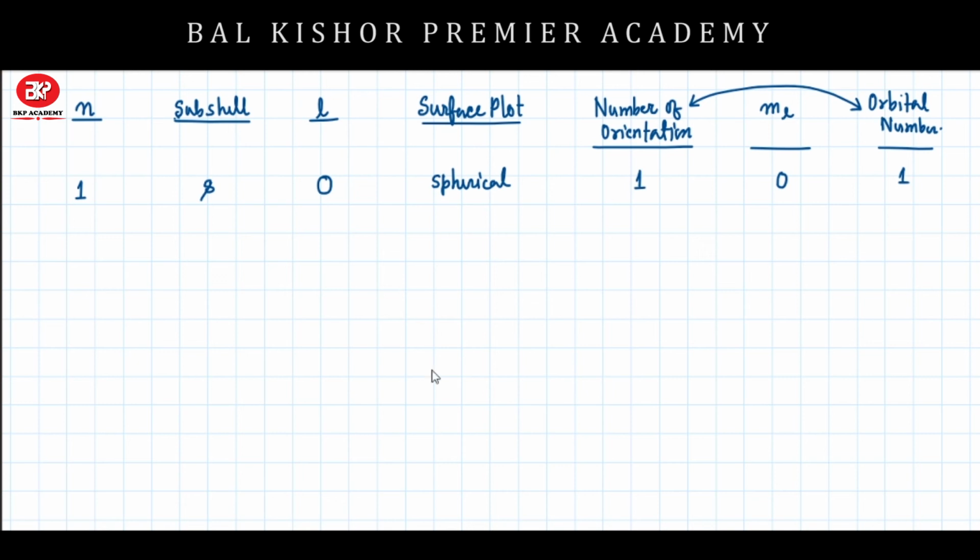Next, take the second energy level. For the second energy level, we know there will be both S and P subshells. So for the L value, if I write the P below the S, for the S subshell we get the L value as 0 and for P the value is 1.